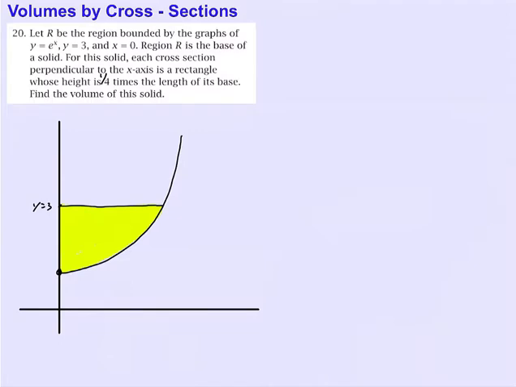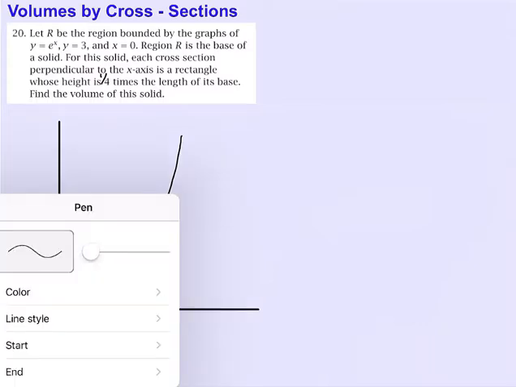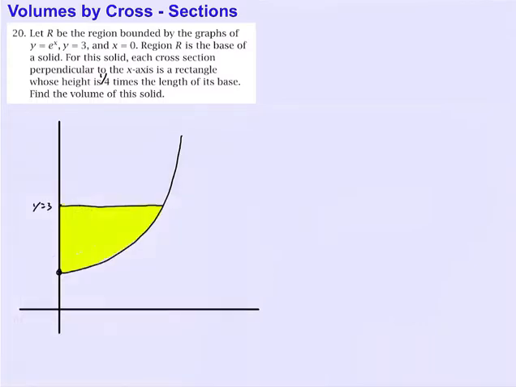So what we're going to do is make a solid object by making cross sections that are rectangles sticking up out of this base. If you imagine an infinite number of rectangles, short rectangles, the height is only 1/4 as big as the width.